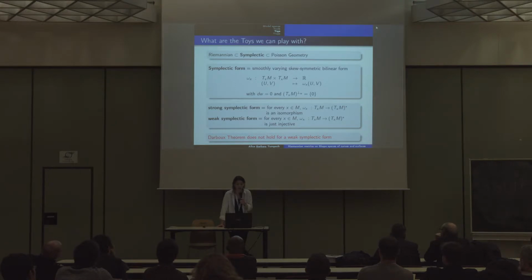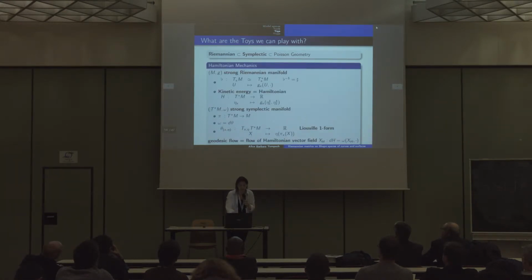And usually you only have a weak symplectic form, where the bilinear form gives you only an injection from the tangent space to its dual. And again, be careful. The Darboux theorem, if you know it, does not hold for a weak symplectic form.